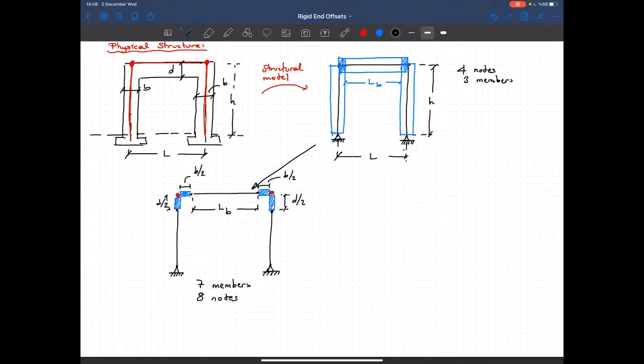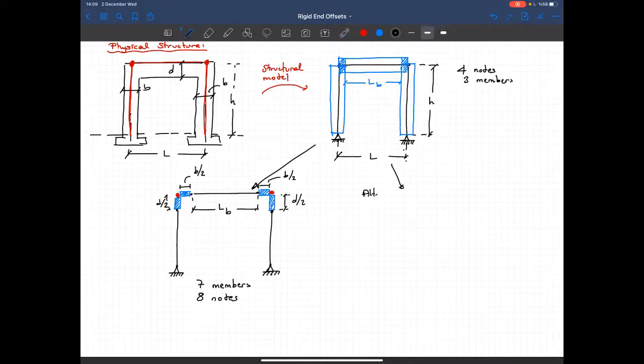So I want to model the behavior of this physical structure in a more detailed manner by defining these rigid members, but in return I end up with more members and more nodes, in other words, more things to calculate, more degrees of freedom. Of course today you can argue that we have very fast computers, we can compute all of this, but the modeling time to do all this for every beam-column connection requires a very significant amount of time. So alternatively, this is what we do.